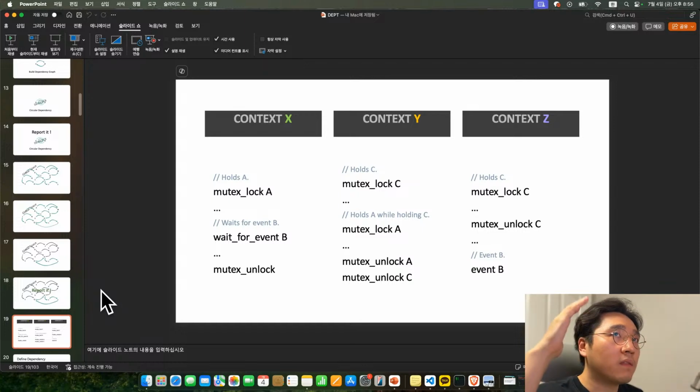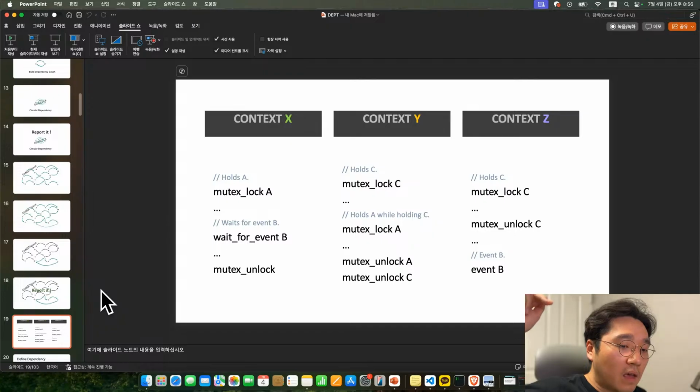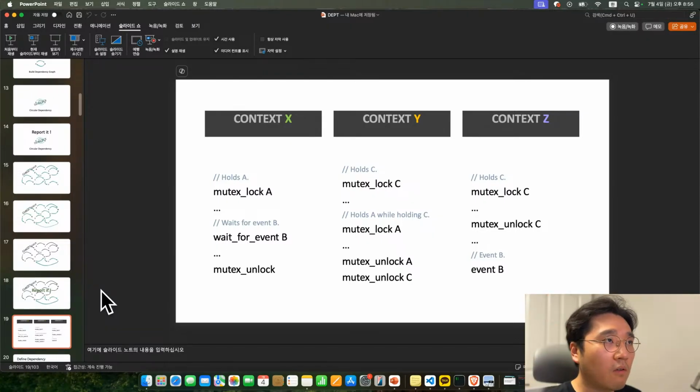When the context enters the spin lock critical section, a spin lock is a busy-wait lock, and that context never sleeps in the spin lock critical section.